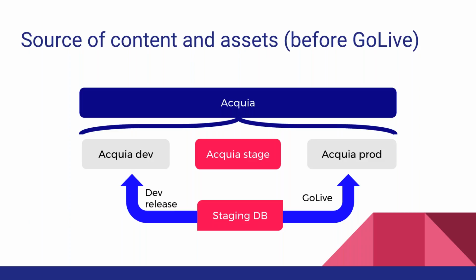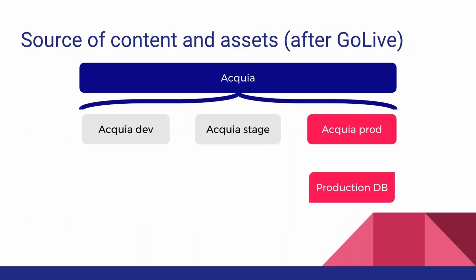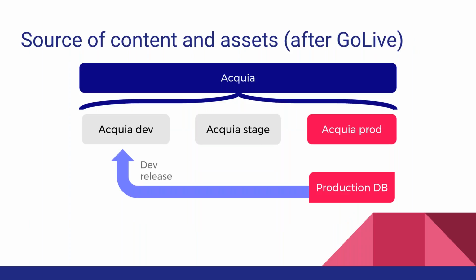That's before go live. After go live, our production environment will be the source of database and media assets for all other environments that we may have: Acquia Dev, Acquia Stage, our CI server builds, local environments, and all the environments that we may have.